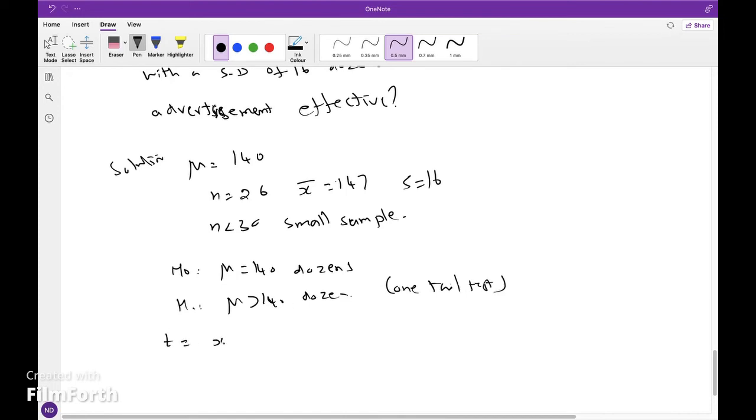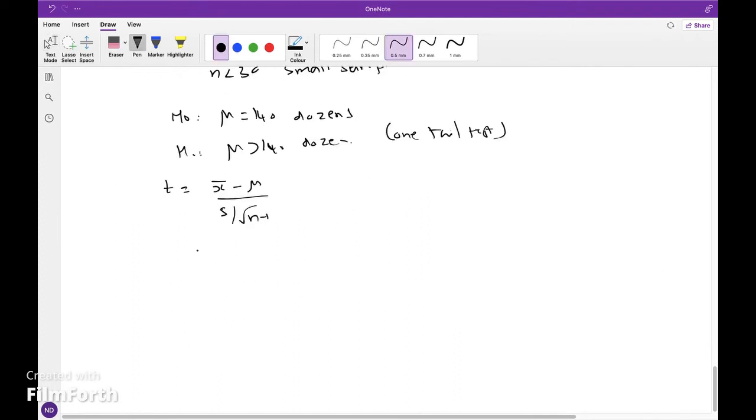So t equal to x bar minus mu by S by square root of n minus 1. So 147 minus 140 by S is 16 by square root of 26 minus 1, 25. That value is 7 into 5 by 16 equal to 2.1875. So degrees of freedom n minus 1, that is 25.